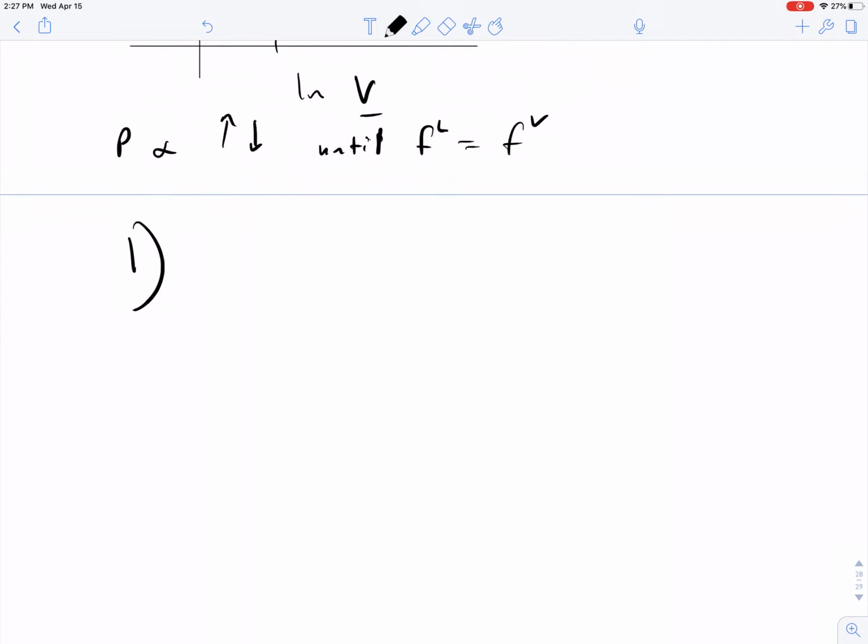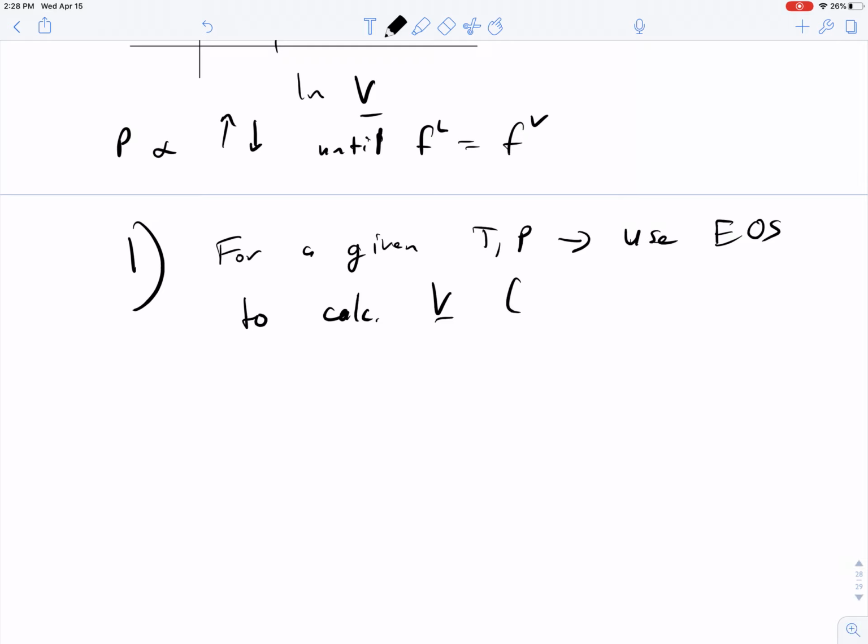Step 1. For a given temperature and pressure, use the EOS to calculate V. You have to do this using a computer.